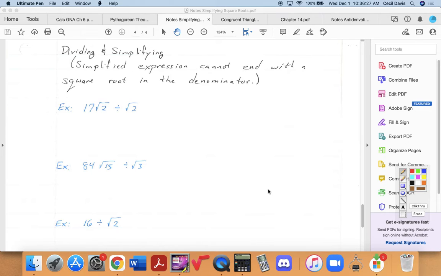And it is that a simplified expression cannot end with a square root in the denominator. So no square roots on the bottom in the final answer. So for this one, the very first thing I do is rewrite it as 17 square roots of 2 over the square root of 2 instead of just a horizontal divided by.